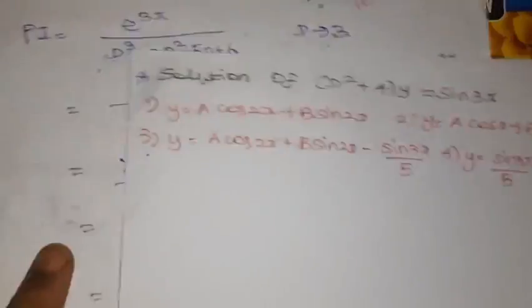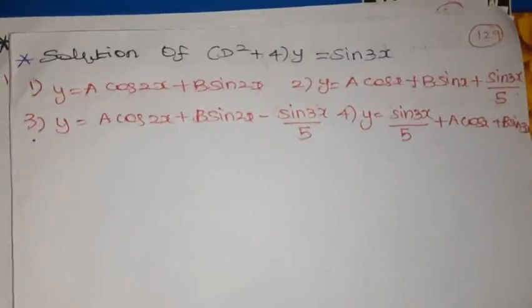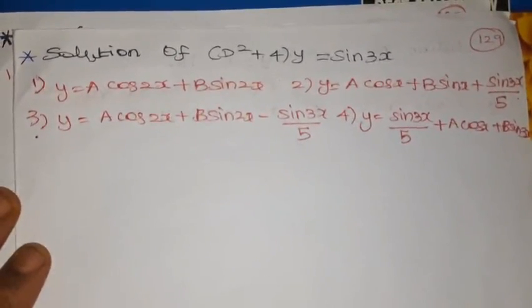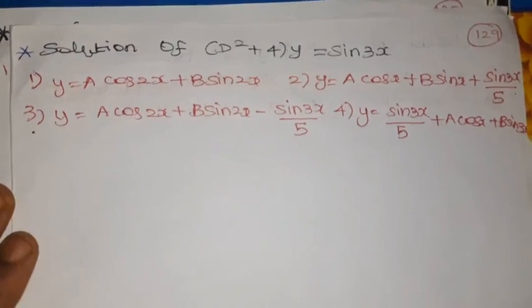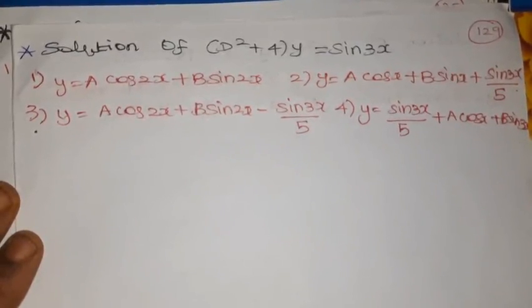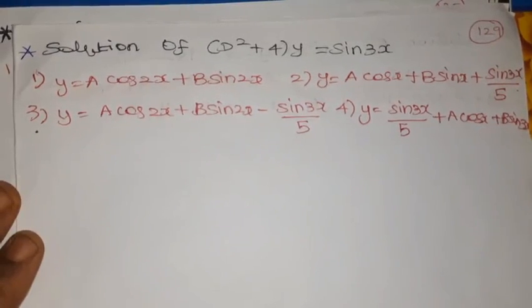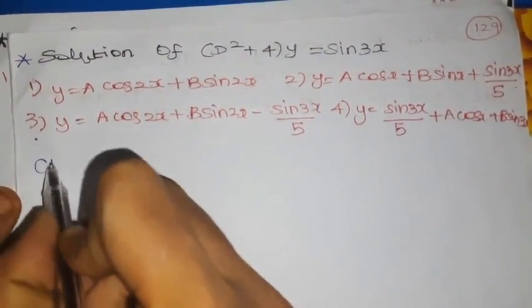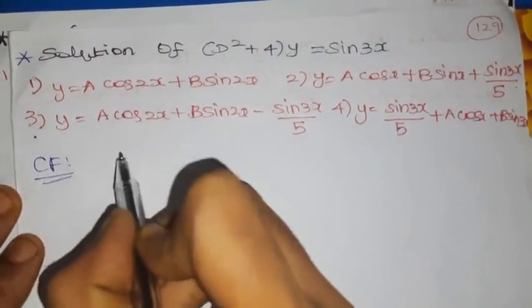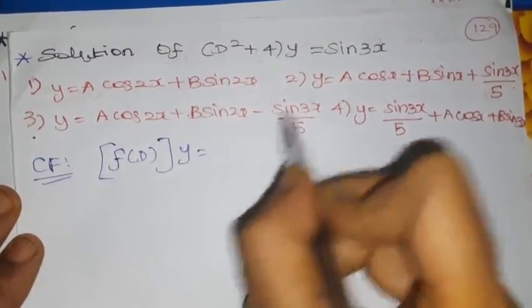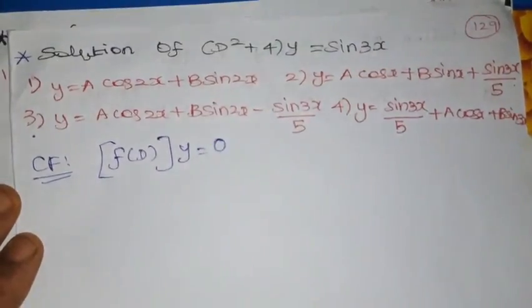We need to find out the solution for the given differential equation. Solution means we need to form both CF and PI, complementary function and particular integral. To find the complementary function, this is f of D into y, assume RHS equal to 0.